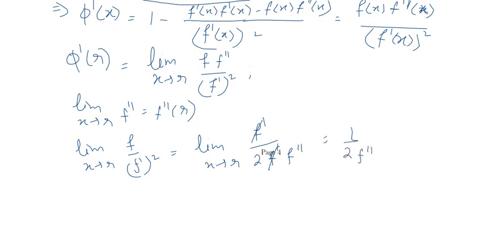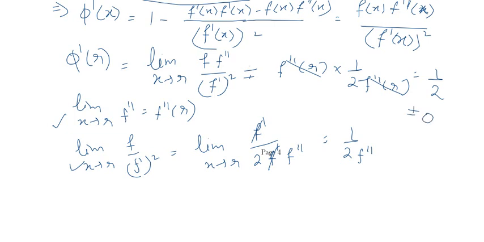So both limits exist. So the limit here must be equal to f double dash of R times 1 by 2 times f double dash of R. This will get cancelled, so that is equal to 1 by 2, which is non-zero.